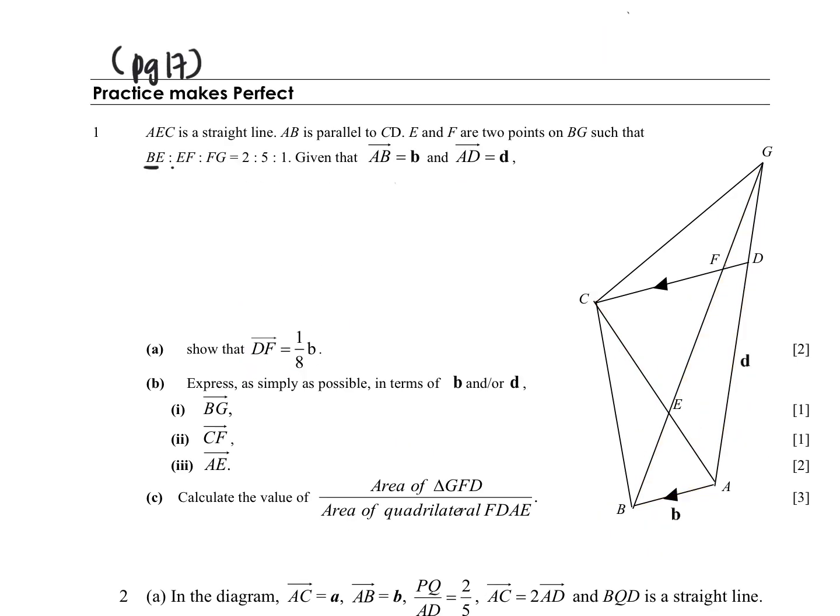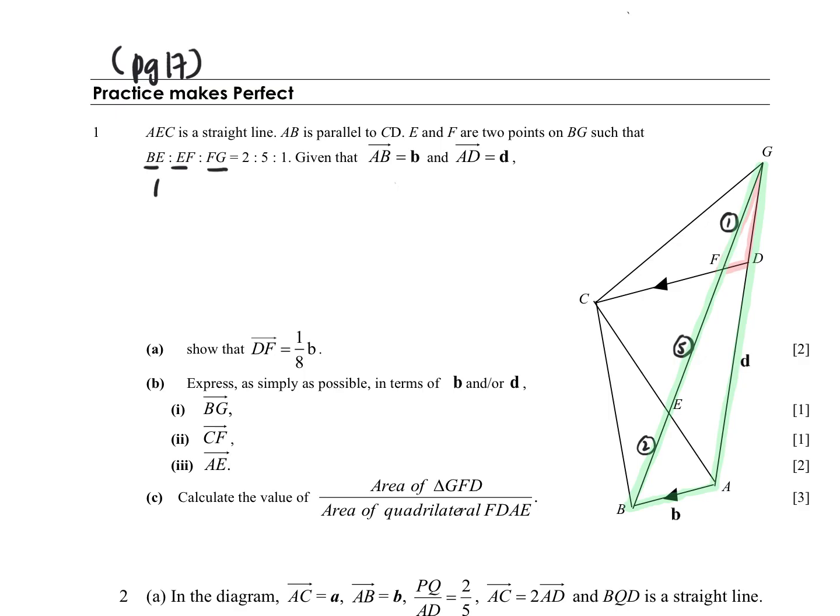B, E, F, G. So 2, 5, 1. All these are in parts, the units are. And then they ask, can you show that DF is 1/8? So I want to zoom into this small one versus the big one. First thing I need to let you know is they are similar triangles.